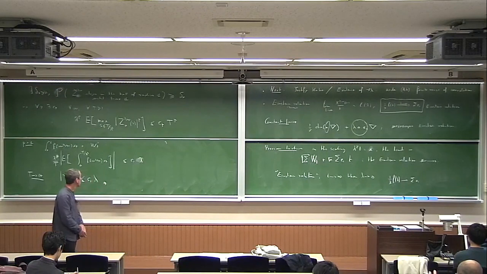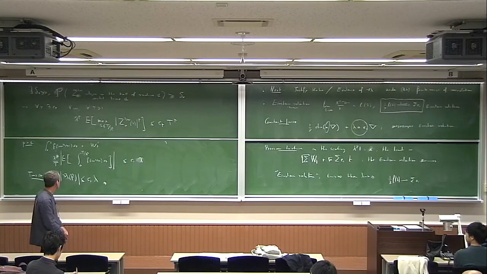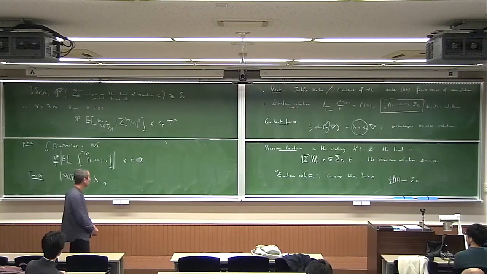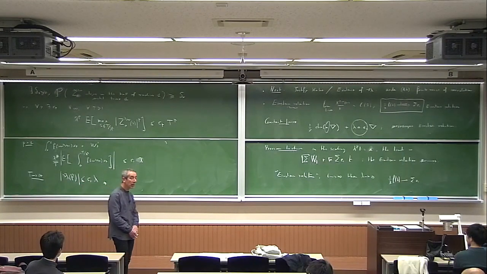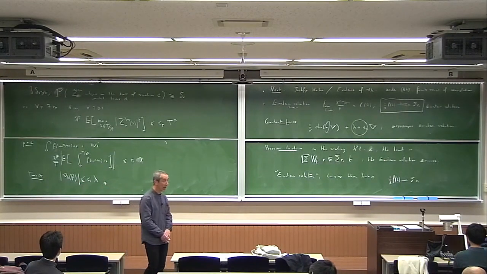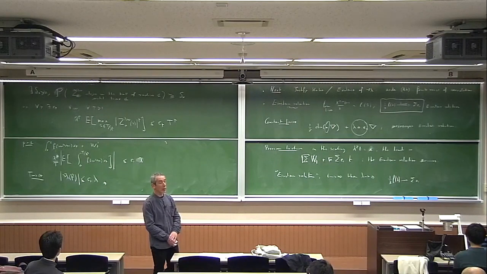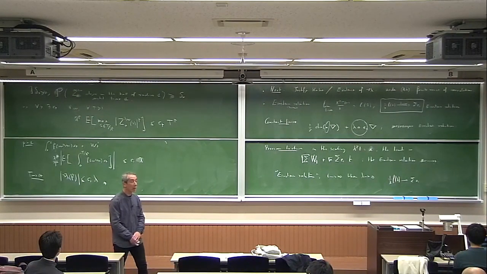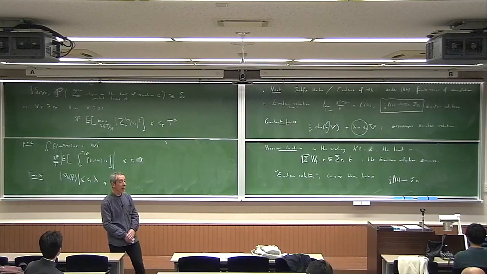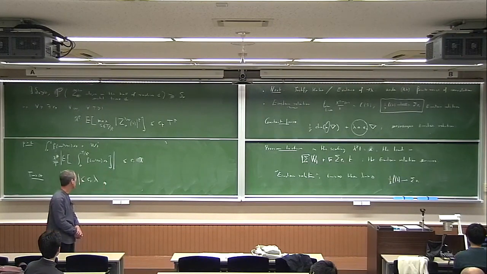Am I right that this estimate may hold in a more general context? It depends what kind of context you have in mind, because you might think about relaxing the assumptions on the diffusion coefficient. Yeah, for instance. And then probably you're right.